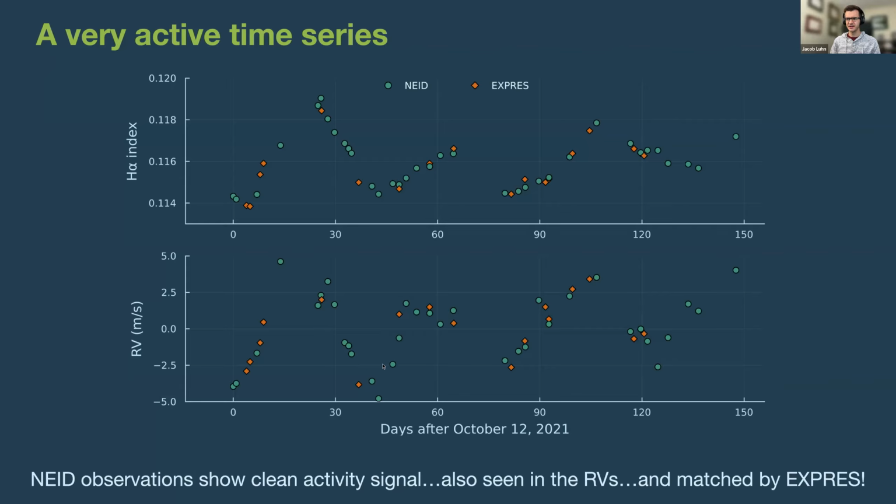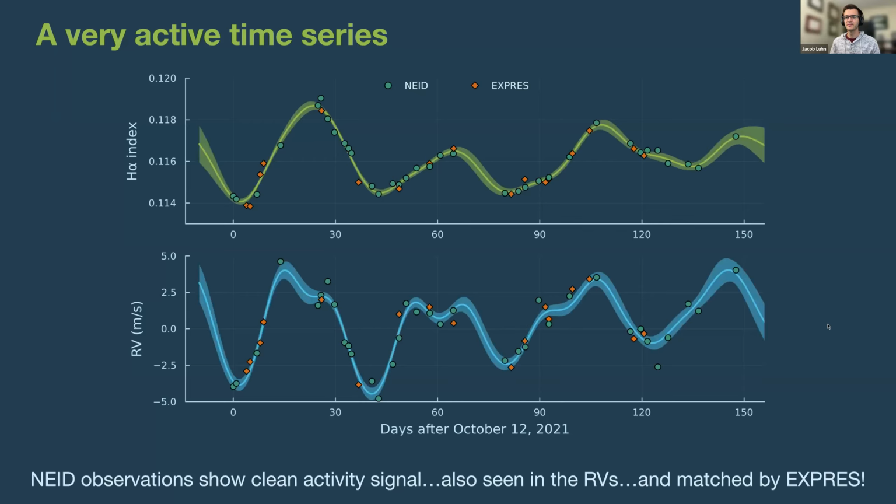I'll also mention that the RVs have been median subtracted to fit on the same scale, and also have a roughly 60 centimeter per second amplitude trend subtracted over the course of the observations. That was fairly obvious by eye, just with EXPRES or NEID being systematically lower or higher at the beginnings and ends of the time series.